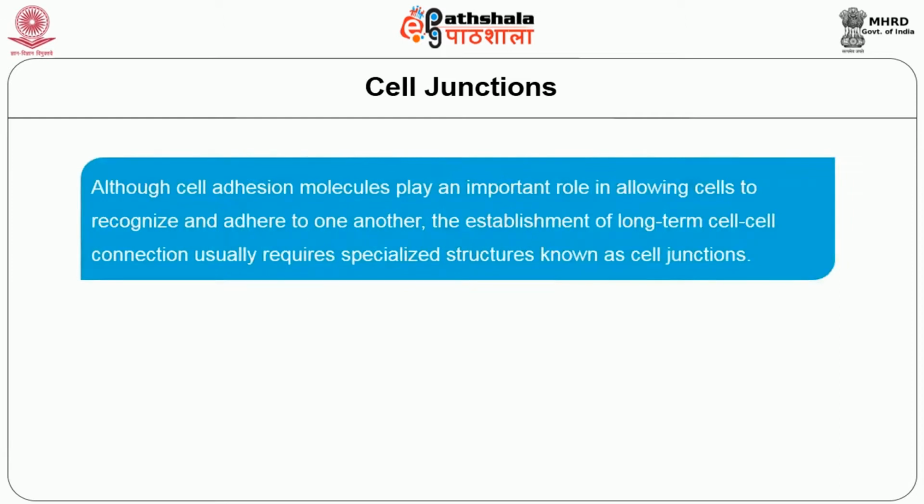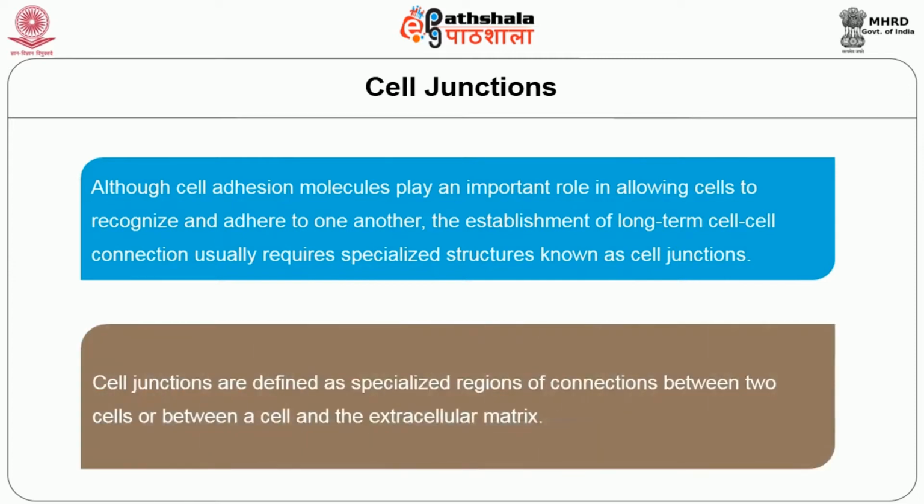Although cell adhesion molecules play an important role in allowing cells to recognize and adhere to one another, the establishment of long-term cell-to-cell connection usually requires specialized structure known as cell junctions. Cell junctions are defined as specialized regions of connections between two cells or between a cell and the extracellular matrix.